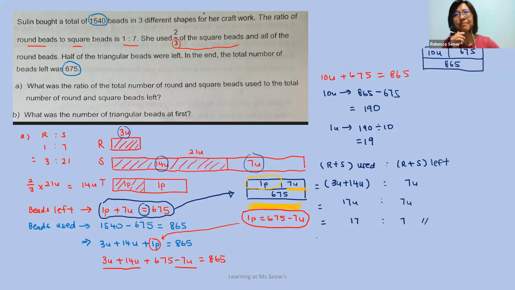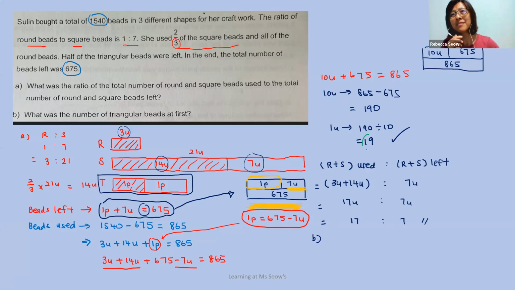That's for A. Now for B, what was the number of triangular beads at first? Let's come back to the diagram. Triangular beads at first would make up 2 parts. We know 1 unit. Can we find what 1 part is? Of course.